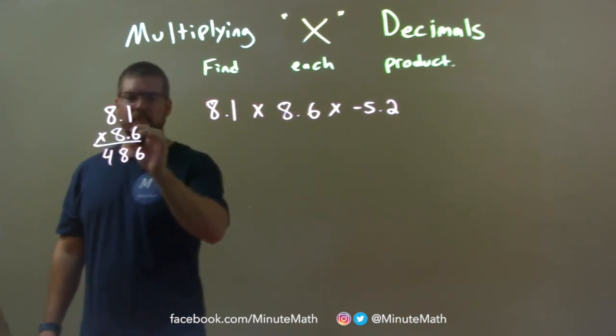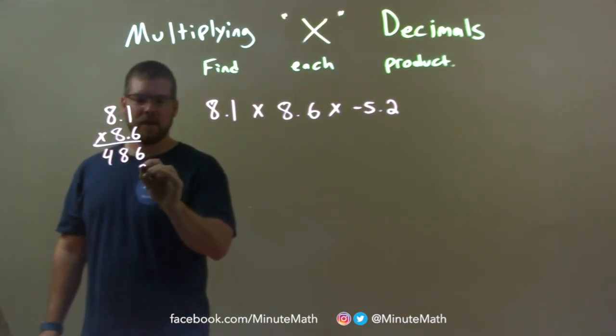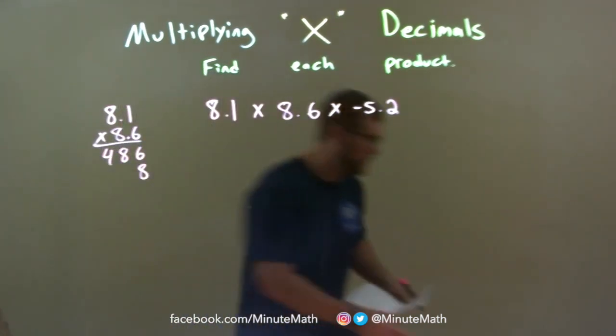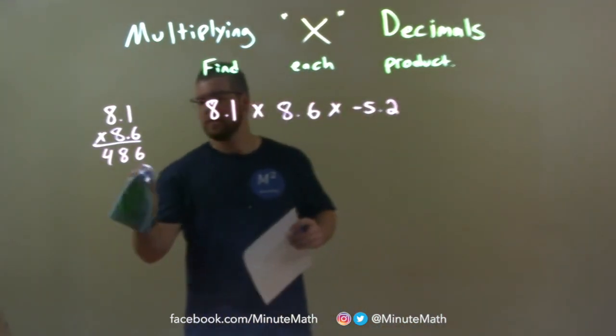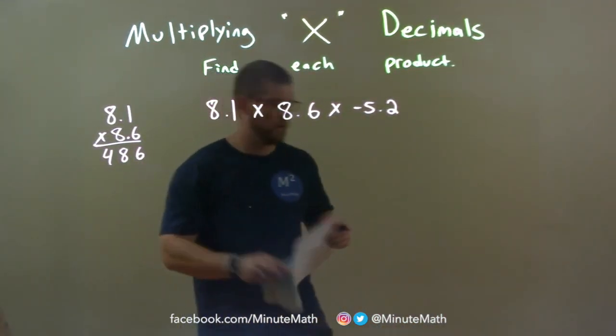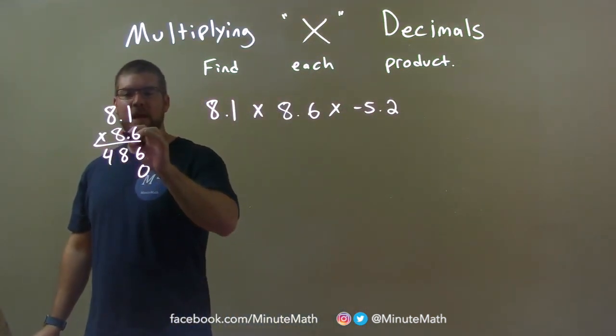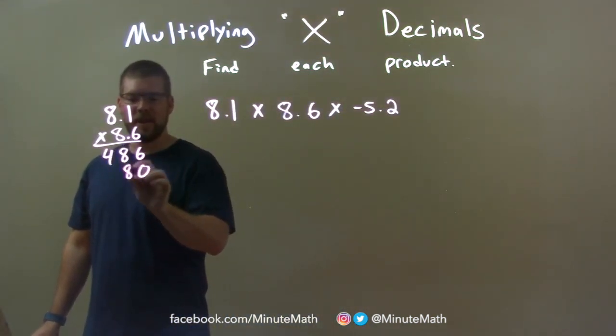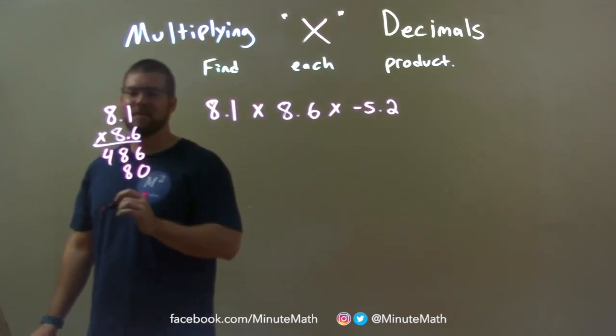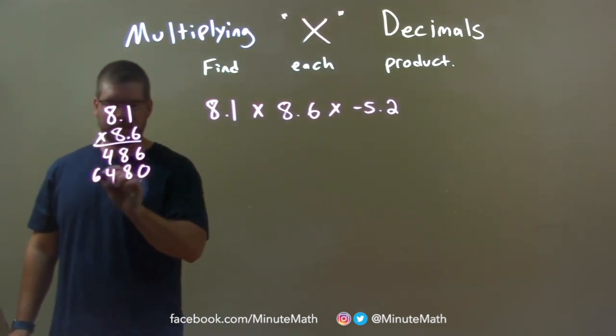Pretty straightforward. Oh, sorry, almost forgot that place value. Make that a lesson to you all. Place value for the 6, getting ahead of myself. 8 times 1 now is an 8, don't forget that. And 8 times 8 is 64.